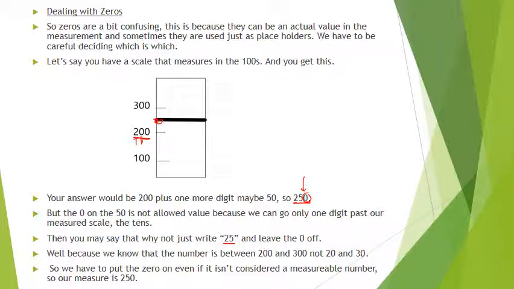Even though it's not measurable, we put it there to tell us it's 250, not 25. Because you're only allowed to write 2 and 5. You have a 2, and then you have one more digit, 5. But you have to add that 0 to tell us.